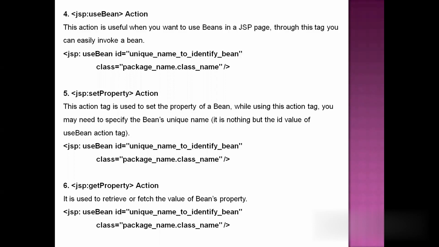Like this, we have so many action tags like jsp:plugin, jsp:body, jsp:scriptlet, jsp:element, jsp:text, jsp:attribute action tag. Like that, we have a lot of action tags available in JSP. But mostly in all the JSP applications, we'll use only these 6 action tags. Okay, this is about the JSP action element.